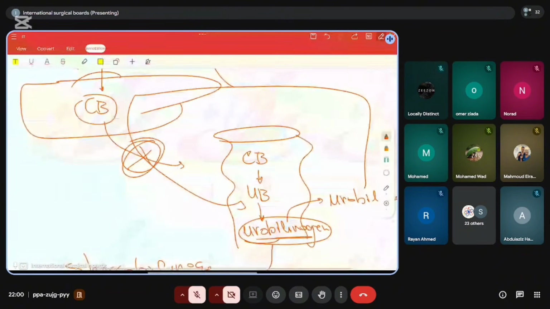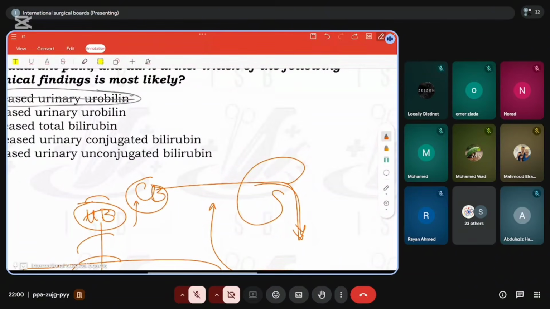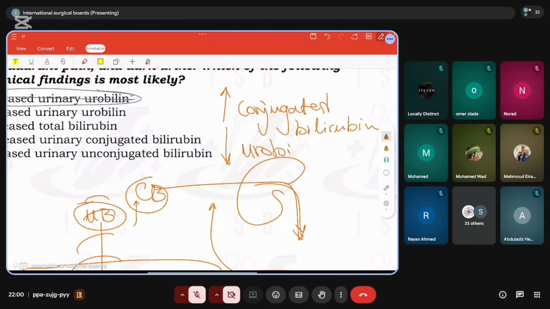It also means the conjugated bilirubin does not reach the bowel, so urobilinogen is not formed, not reabsorbed, and not appearing in the urine.